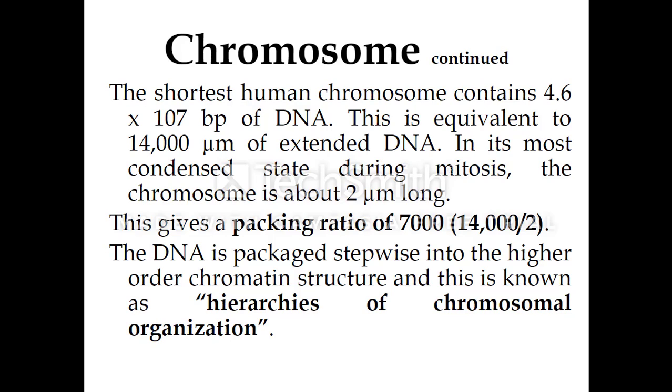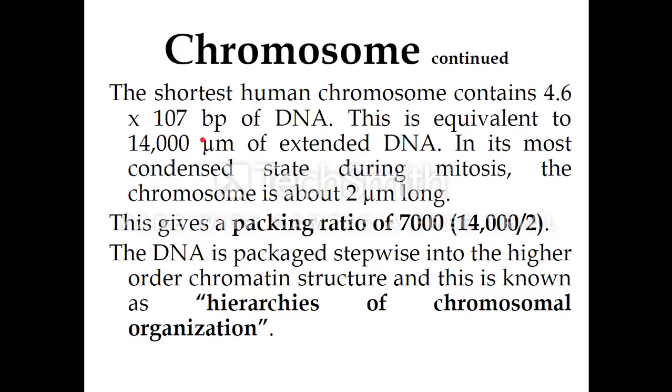In its most condensed state, during mitosis, the chromosome is about 2 micrometer in length. The shortest chromosome length is 2 micrometer, and it contains 4.6 × 10^7 base pair, equivalent to 14,000 micrometer.